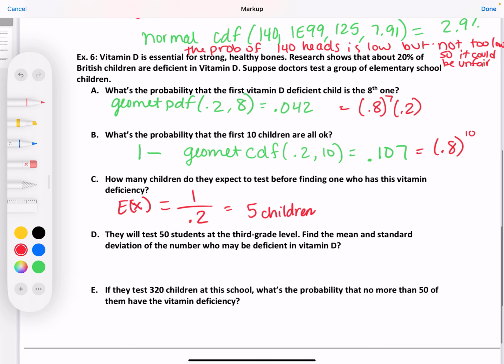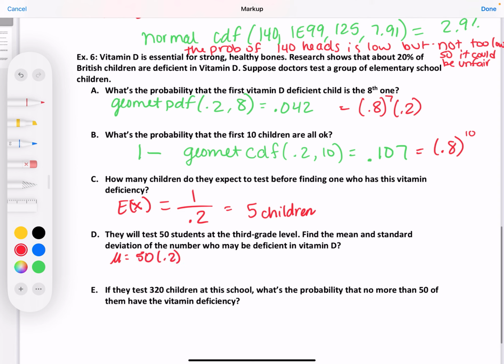So then they will test 50 students at the 3rd grade level. Find the mean and standard deviation of the number who may be deficient in vitamin D. So what is the mean? So np. It would be 50 times 0.2.